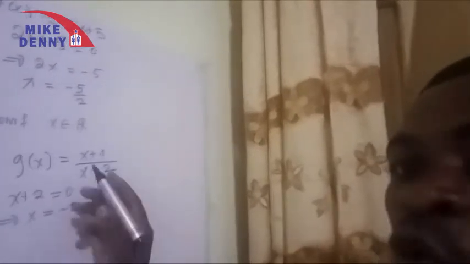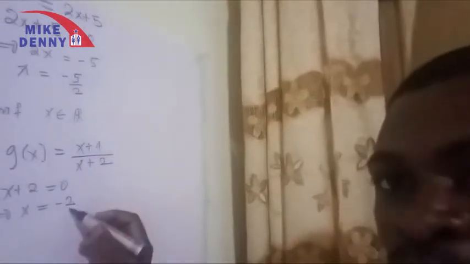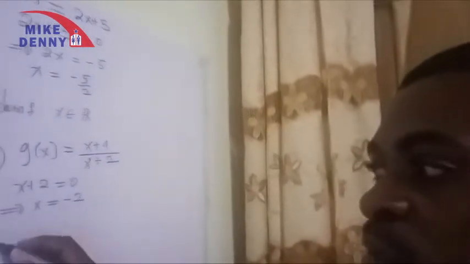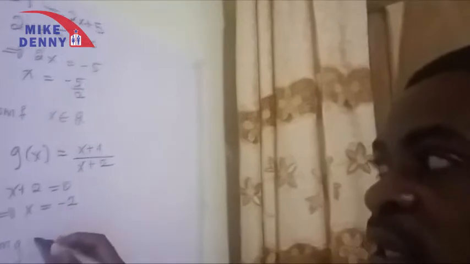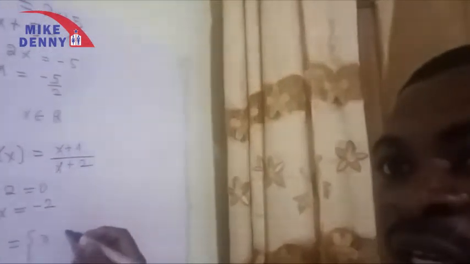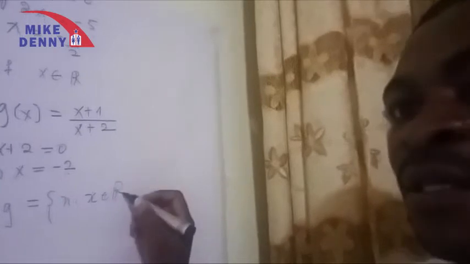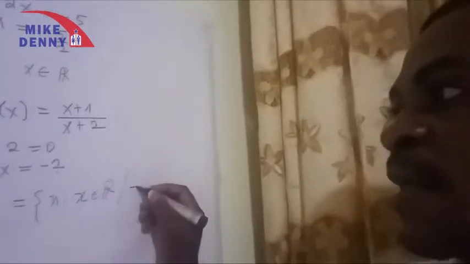So the domain is going to take every element in the set of real numbers excluding negative 2. So we say dom g is equal to x such that x belongs to the set of real numbers excluding negative 2.